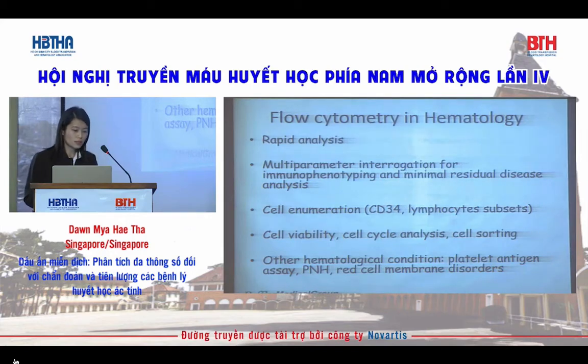Other uses of flow cytometry include cell enumeration like CD34 quantification or lymphocyte subsets quantification, cell viability analysis, cell cycle analysis, and cell sorting. And it is also useful for non-malignant hematological conditions such as congenital platelet disorders or paroxysmal nocturnal hemoglobinuria or red cell membrane disorders like hereditary spherocytosis.